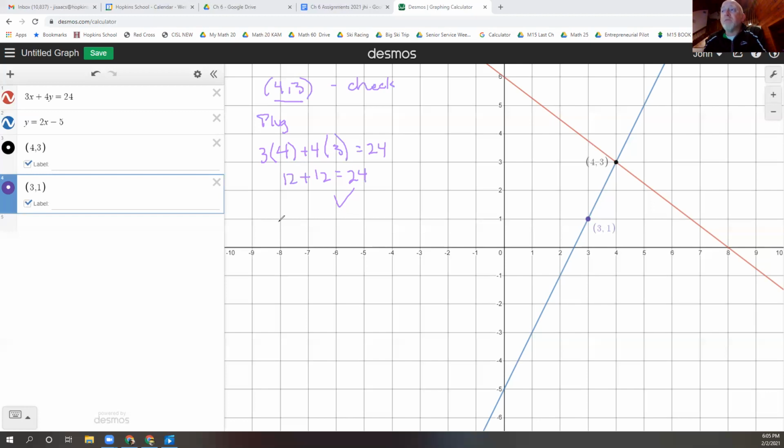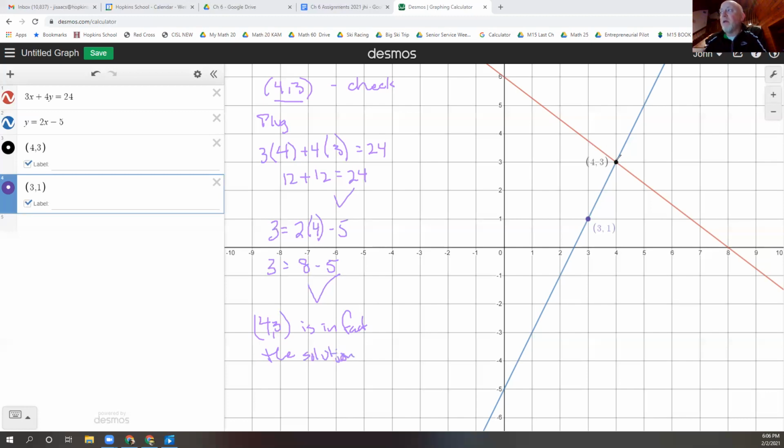So in this case, y is equal to 3, because we take our 3 value out of the ordered pair, equals 2 times 4. There's our x value from the ordered pair, minus 5. And 3 equals, let's see, 2 times 4 is 8, minus 5. And that also checks. All right, so that means that 4, 3 is in fact the solution, because it is a value that appears on both lines.